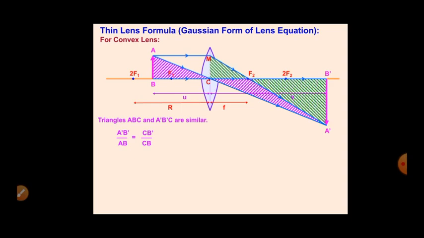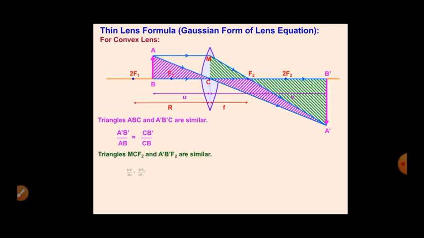And here again we will see this triangle, that is MCF2 and F2A dash B dash, the green shaded one that you can take. In this triangle, again they are similar triangles, you can prove it by geometry easily, by the angle concept. And since they are similar triangles, we can again compare their ratio.